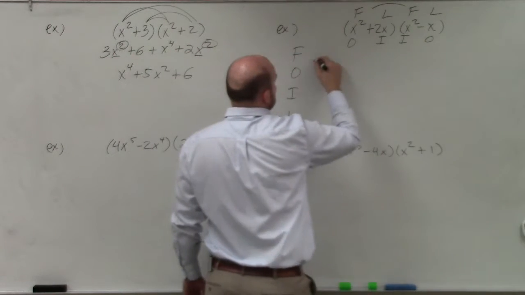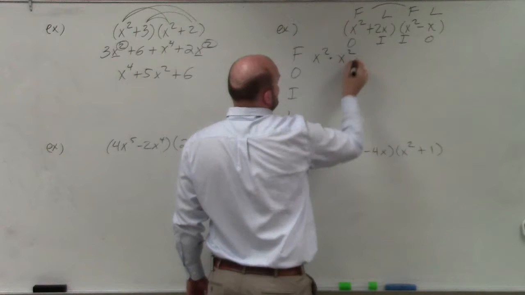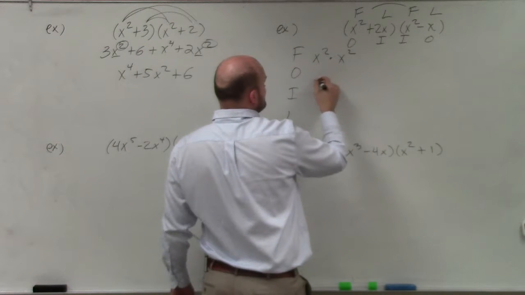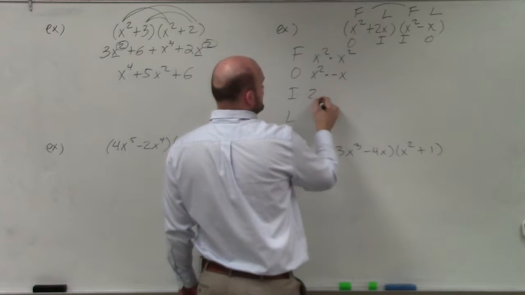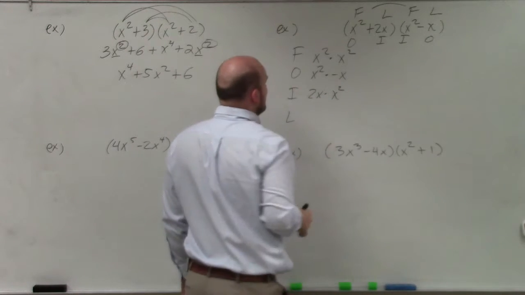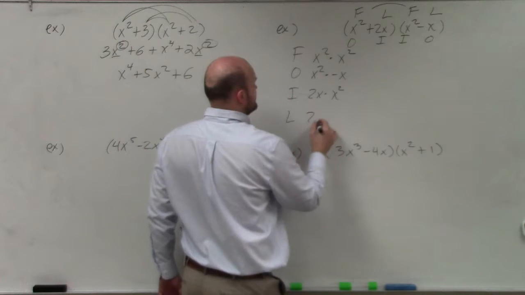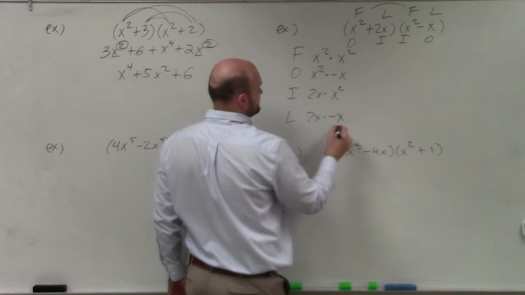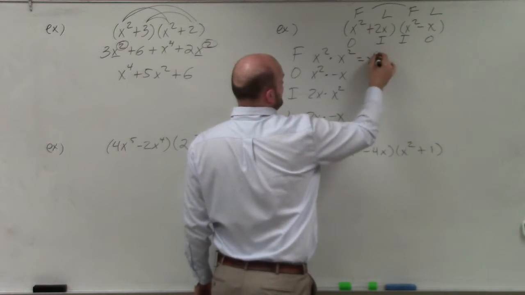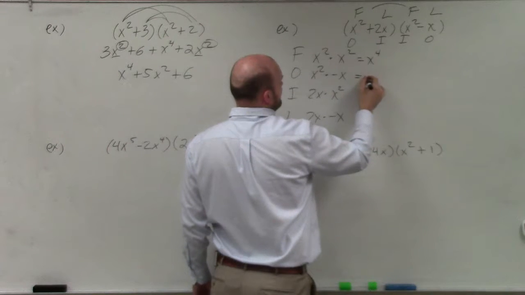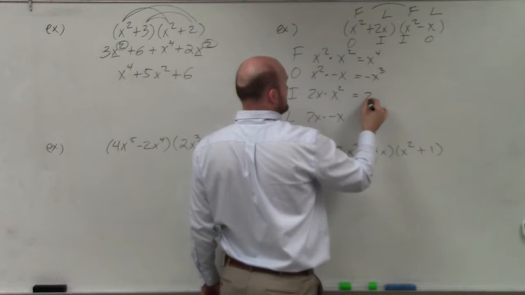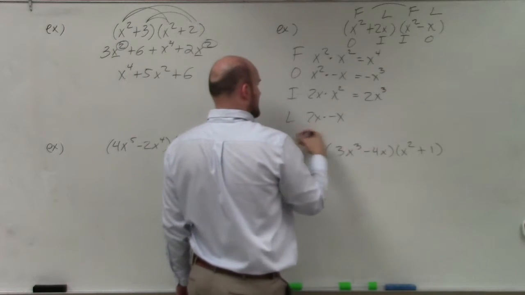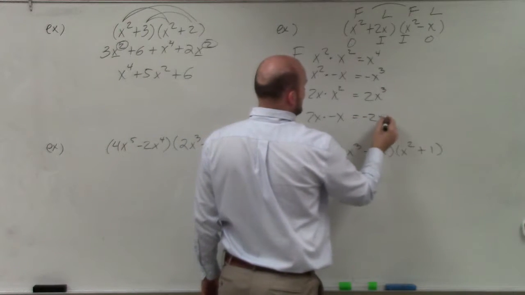So multiplying my first terms is x squared times x squared. Multiplying my outer terms is x squared times negative x. Multiplying my inner terms is 2x times x squared. And multiplying my last terms is 2x times negative x. Now I can simplify that to x to the 4th, negative x cubed, positive 2x cubed, and negative 2x squared.